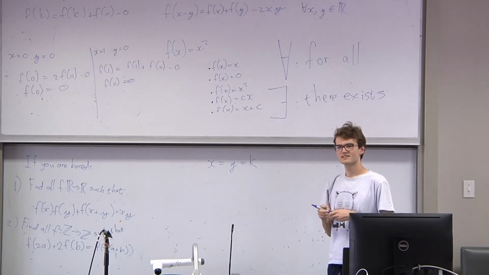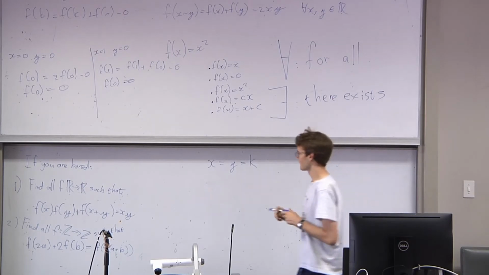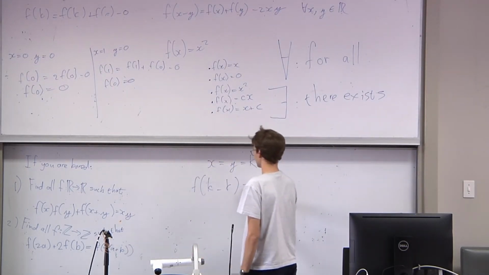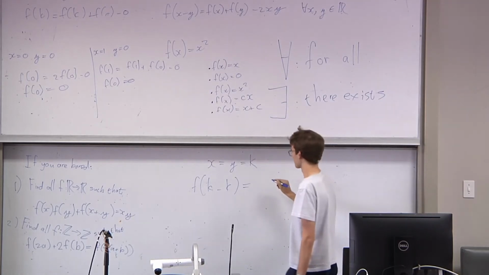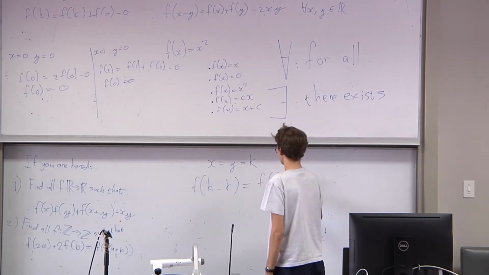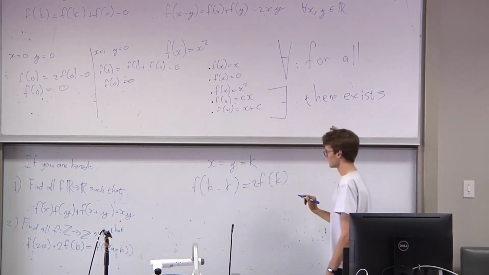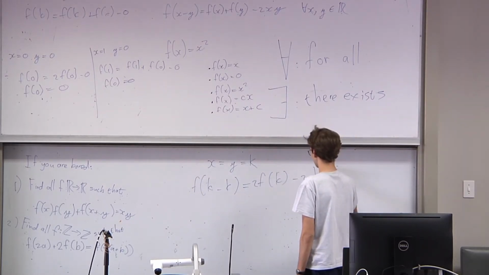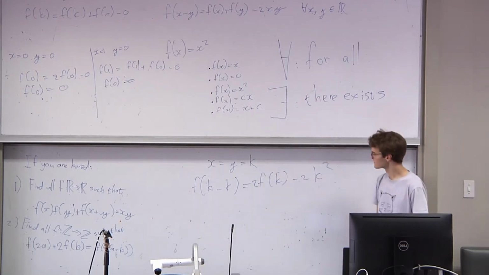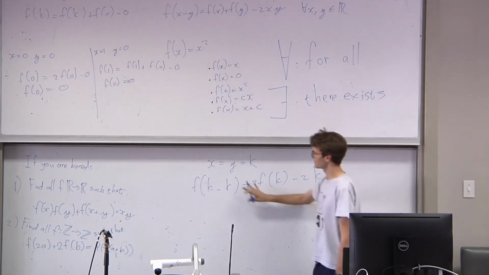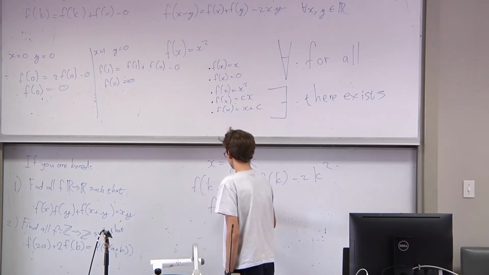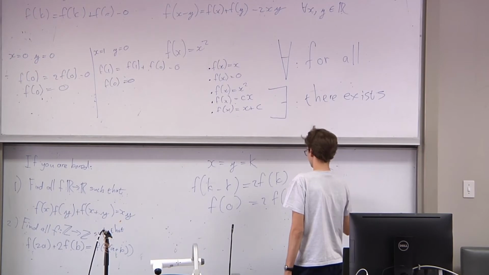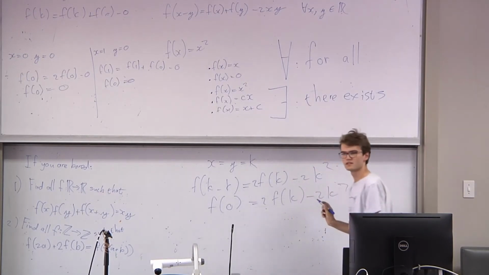Yeah, she said it'll be f of k minus k, which is 0. And then you would have f of k, or 2 f of k, rather, minus 2k squared. Okay, this is true. So we get that f of 0 is 2 f of k minus 2k squared.